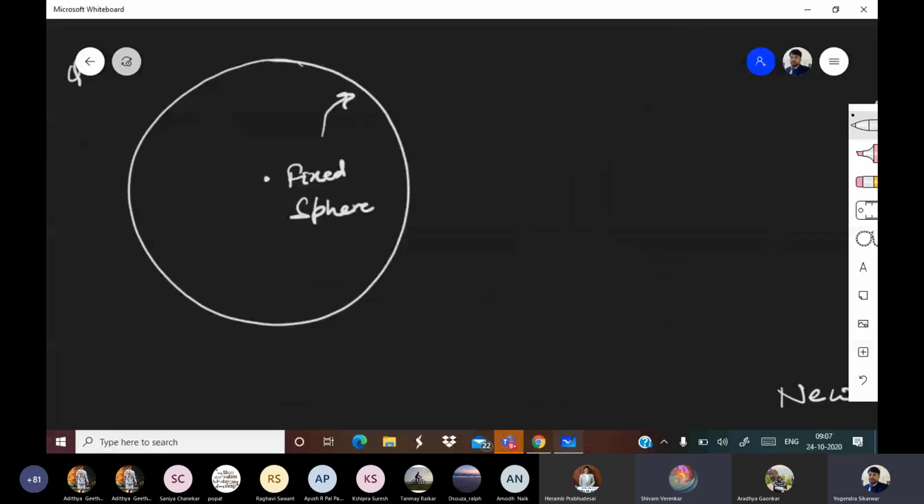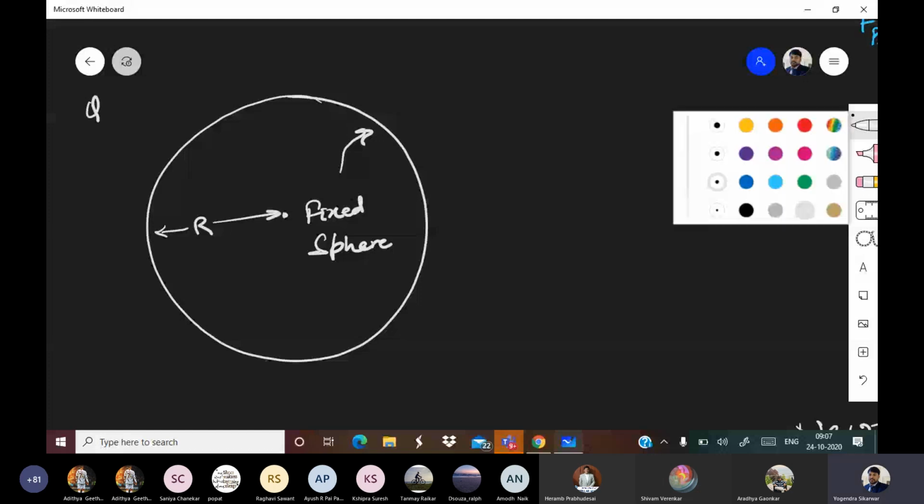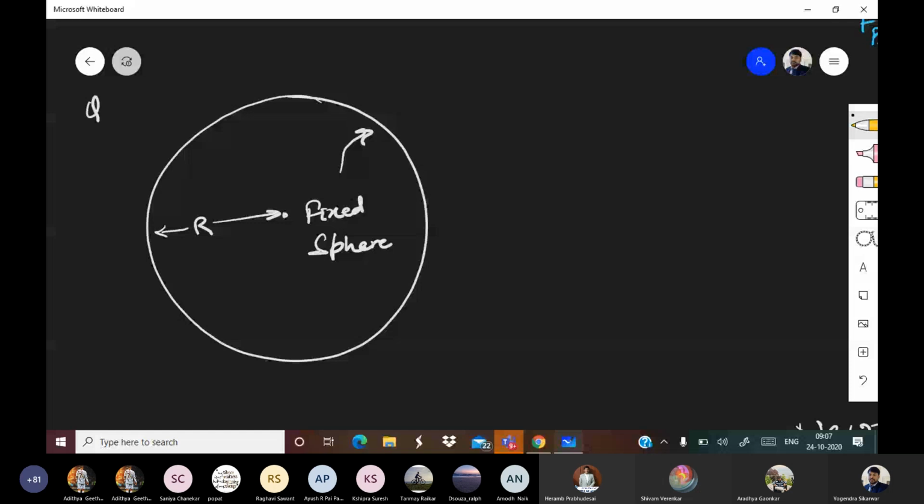Okay. So this is a fixed sphere of radius r, and on top of the sphere there is a mass m kept. And this sphere is smooth.